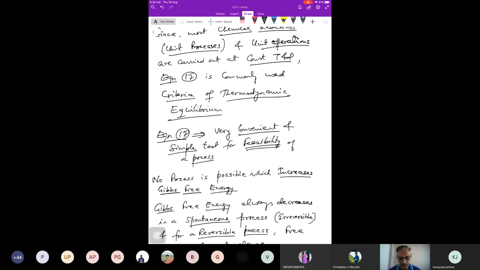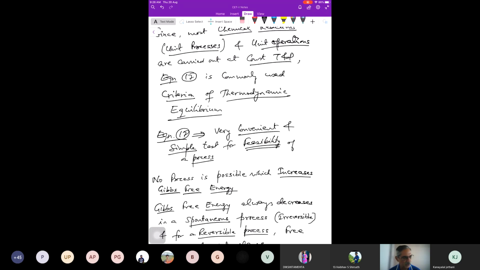But if I do the same reaction at say a higher temperature, at say 500 degrees centigrade, delta G becomes less than 0. So the same reaction is not feasible at a low temperature. At higher temperature, delta G becomes less than 0, and that is feasible, it is possible. That is why many reactions are carried out at higher temperature.